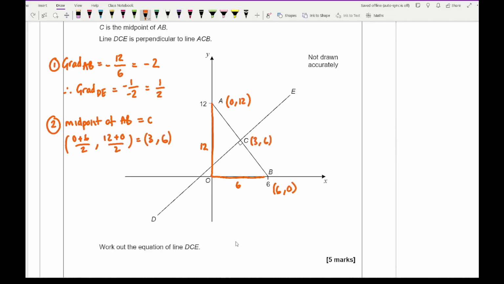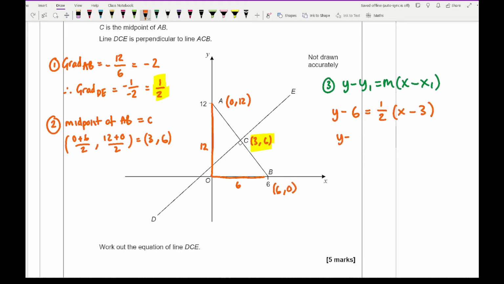So now I know a coordinate, I know the gradient, so now, step 3, I'm going to use y minus y1 equals m(x minus x1). So here I substitute the numbers in, so I've got y minus 6 equals 1/2 (x minus 3). And then expand the brackets out, or multiply through by 2. There's loads of ways in which you can do this.